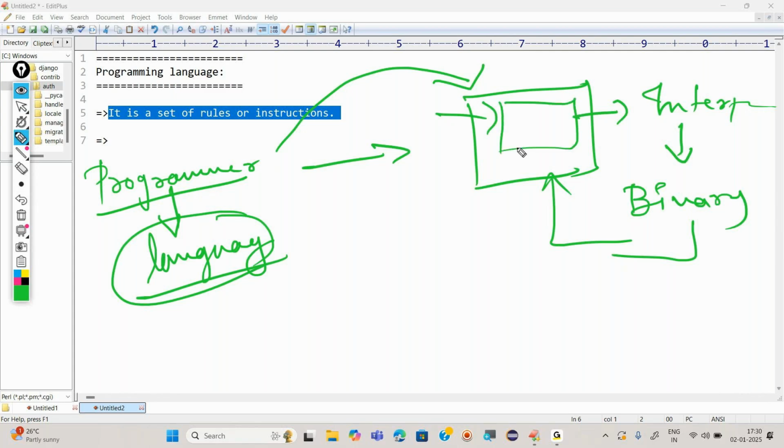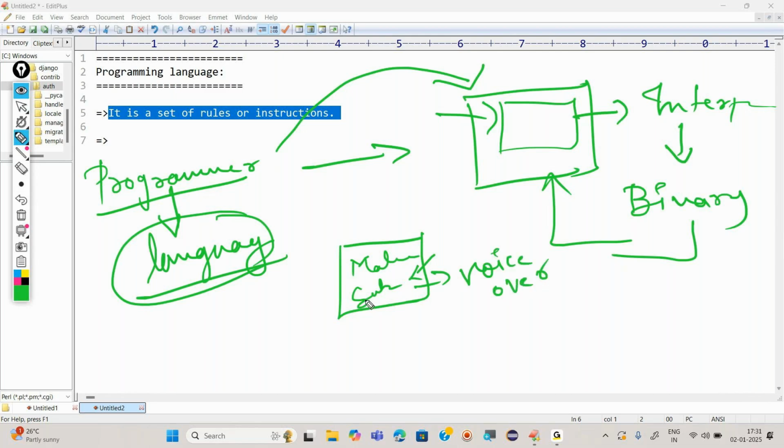To understand anything, let's say there is a Malayalam movie going on, and I can't understand it, obviously. So either I will go for a subtitle, or I will go for a voiceover, that means I will convert whatever is going on into Hindi, so that I can understand what is happening in the movie, right?